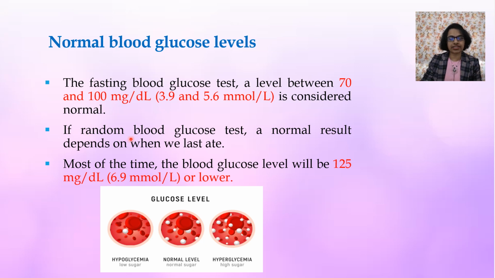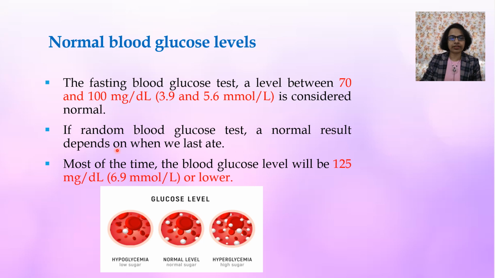There is another investigation known as the random blood glucose level, or RBS. The normal result depends on when we last ate. What is the meaning of random? Random means any time within a day we can measure the patient's blood glucose level. Most of the time, the blood glucose level will be 125 milligram per deciliter or lower.